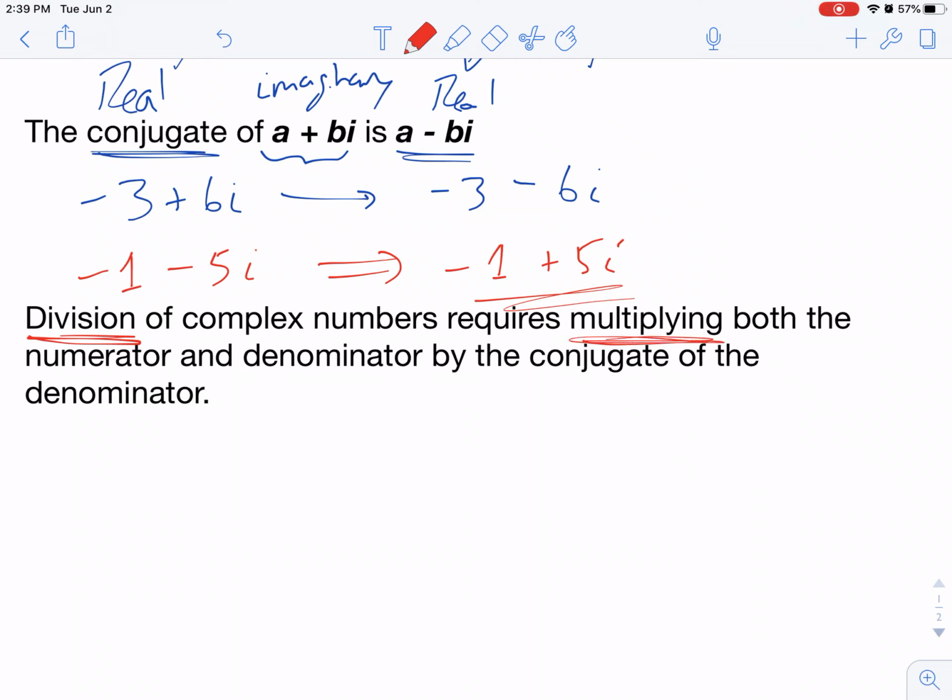This is the basic rule, and I'll show you how to do this when we get to the examples in a few minutes. To divide complex numbers, we multiply both the numerator and the denominator by the conjugate of the denominator. So that's the basic rule. You have to look at the denominator, and that will help you decide on your first step. I'll show you that in the later examples.